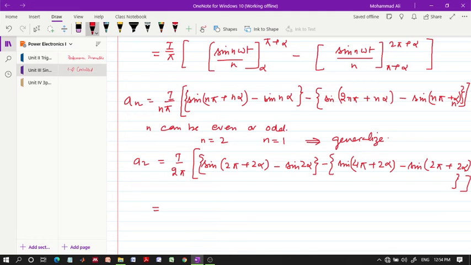The value of sine, what we are taking over here, this will become 0. You have seen in the earlier case, and this will also become 0. So what will happen? This will become 0 minus 0, or An is equal to 0 if n is even.